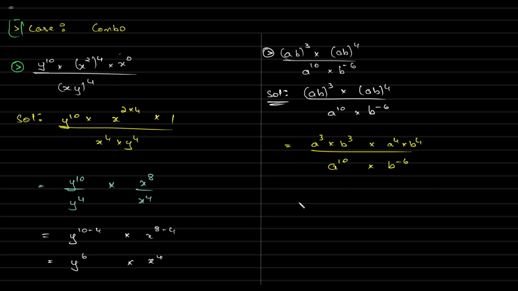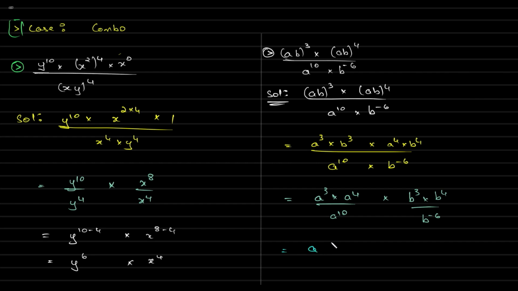Now again, use your maths common sense. Put all the a's at one place: a cube into a to the power of 4 divided by a to the power of 10, into b cube into b to the power of 4 divided by b to the power of negative 6. Now we have all the a's at one place and all the b's at one place.